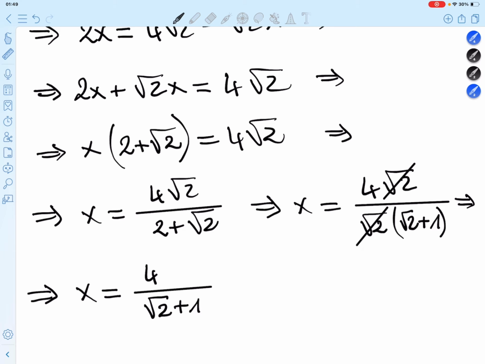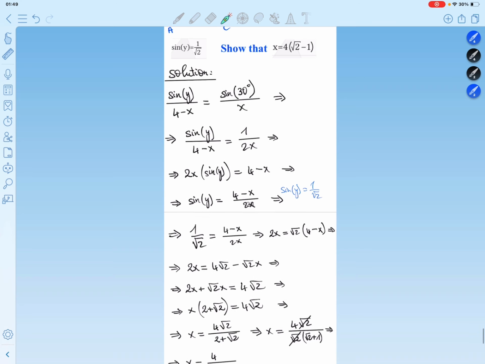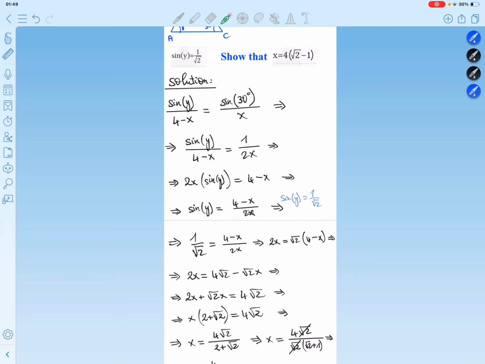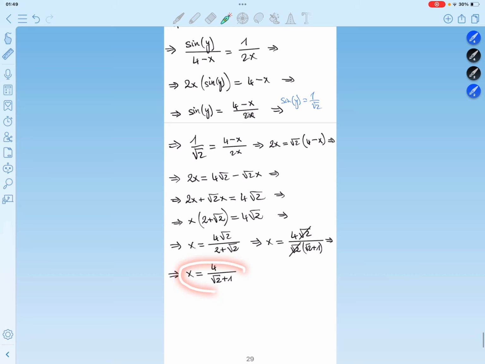Now let's actually check if we've got the result we wanted. So they said that we should show that x is equal to 4 times root 2 minus 1, but we have this, so we need to do one more step.